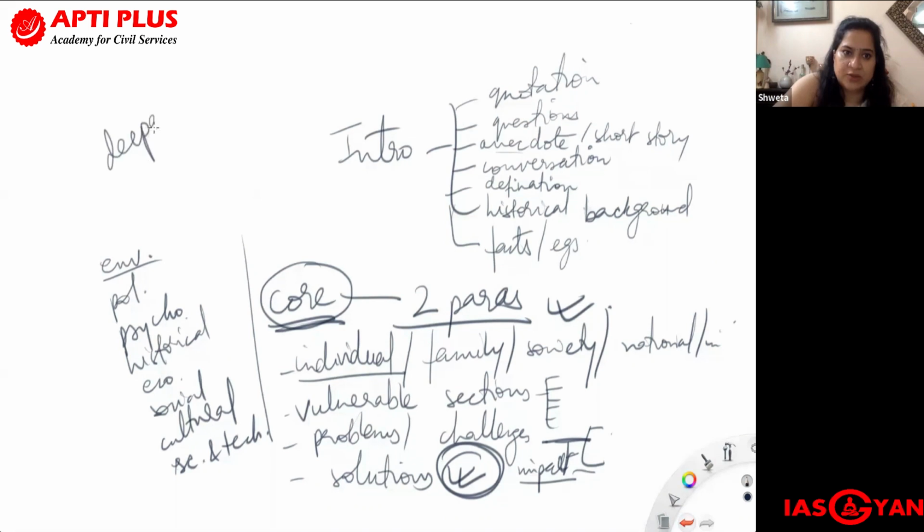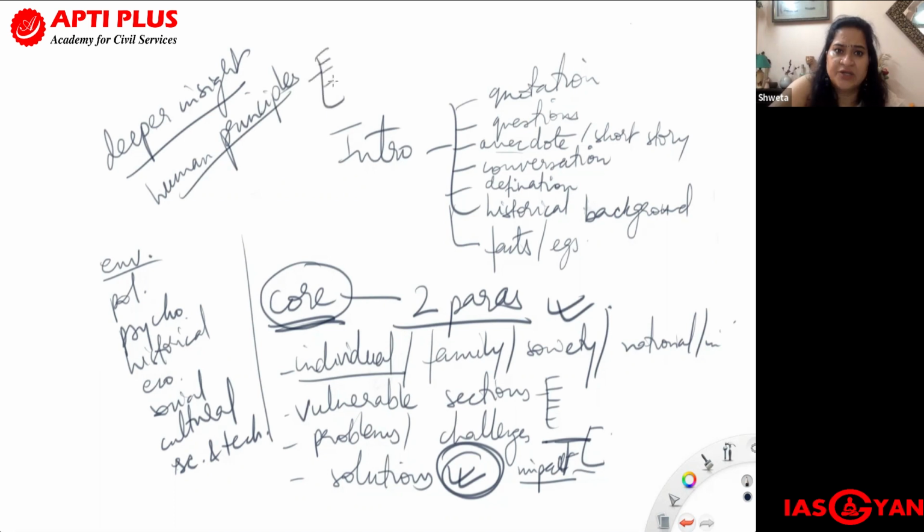Okay, the deeper insight is always associated with some in-depth principles, the broader human principles. When I say the broader human principles, I mean principles related to integrity, justice, fraternity, decentralization, secularism, diversity.